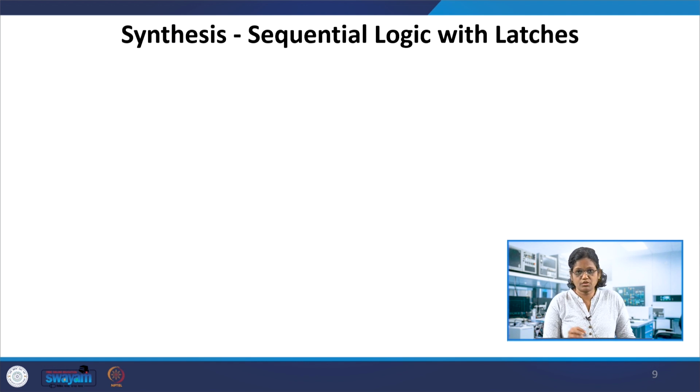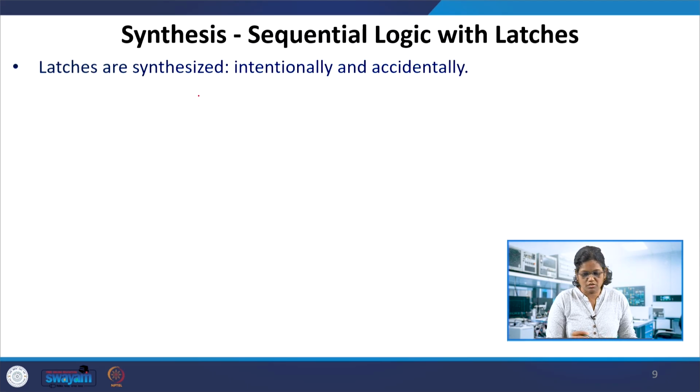So coming to the sequential logic with latches. We have the synthesis process which can infer a latch in sequential logic. Latches can appear whether or not they are intended in the code.